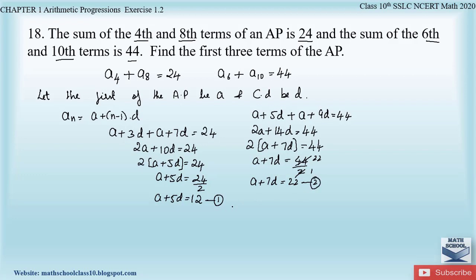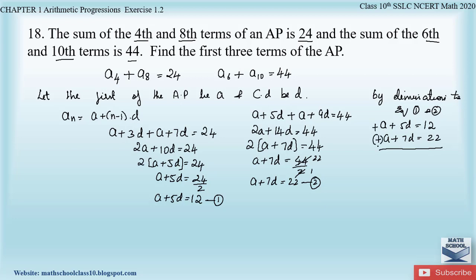Now by using equations 1 and 2, we can use the elimination method and find out the a and d values. So by applying the elimination method to equations 1 and 2, we get a plus 5d is equal to 12 and a plus 7d is equal to 22. Now by changing the signs, the coefficients of a in both the equations are the same, so we can cancel out this term.